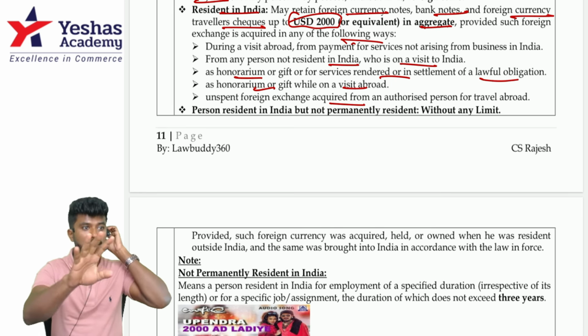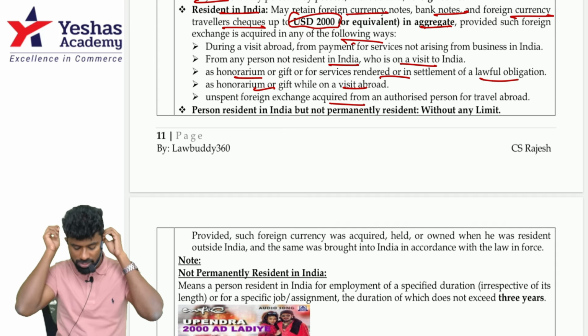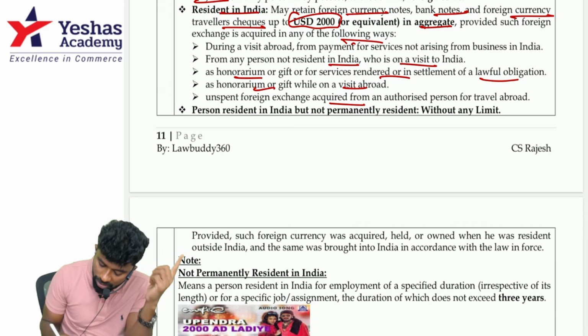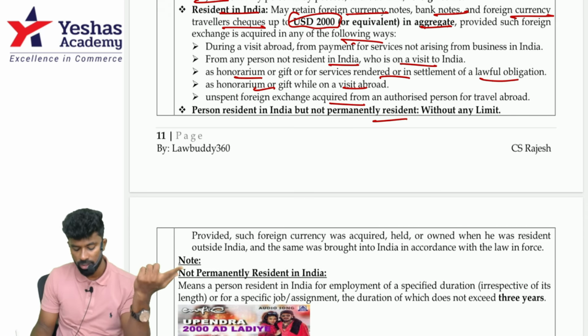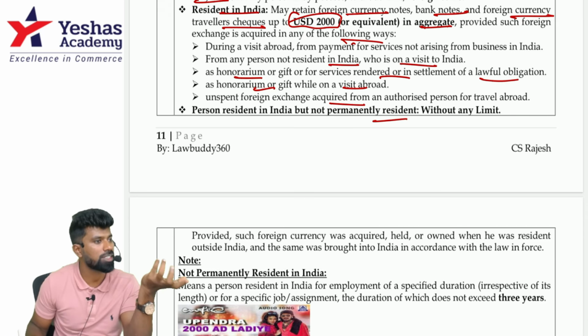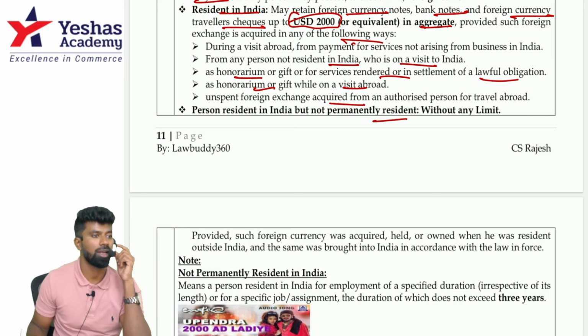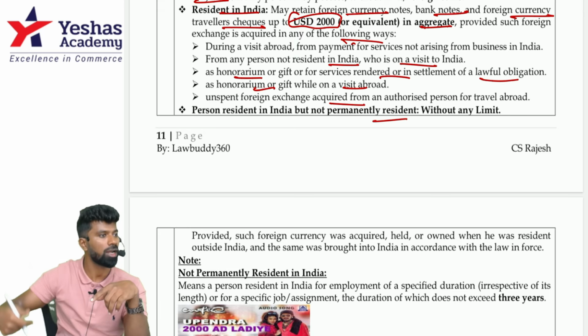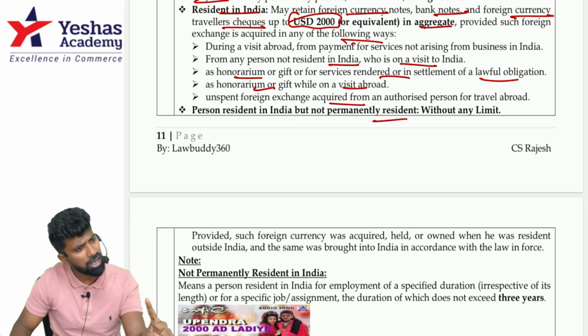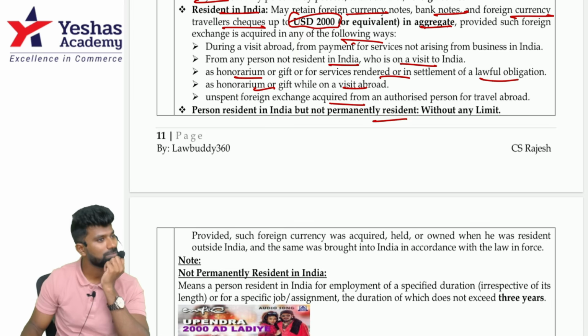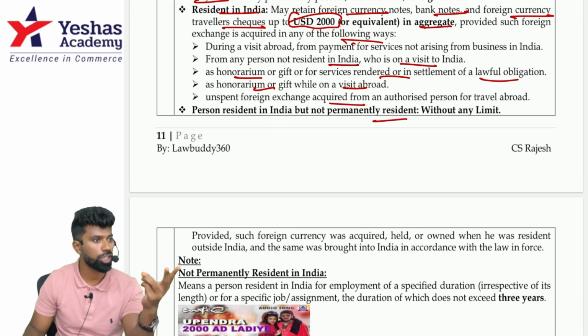This is for a person resident in India. What about a person resident in India but not permanently resident? Can he keep foreign exchange? Yes. With limit or without limit? Without any limit. Means the person who has come to India. Who is a person resident but not permanently resident? Someone staying more than how many years?